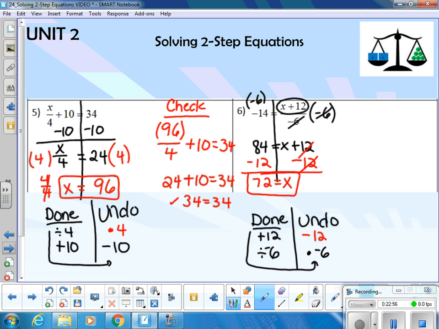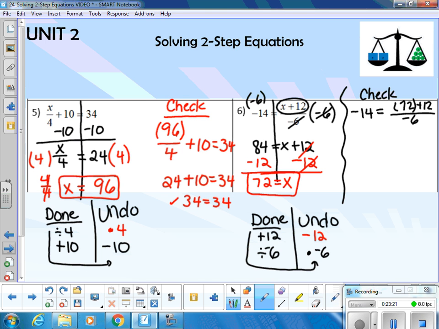So now let's plug it back in and see whether or not that is correct. So we have -14. Sorry, this is my check step. If you want to, you can divide this so it equals 72 plus 12 divided by -6.